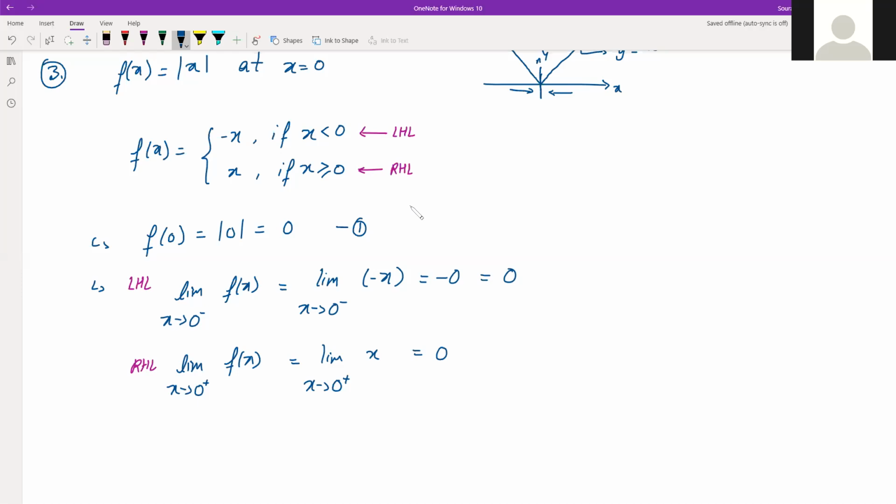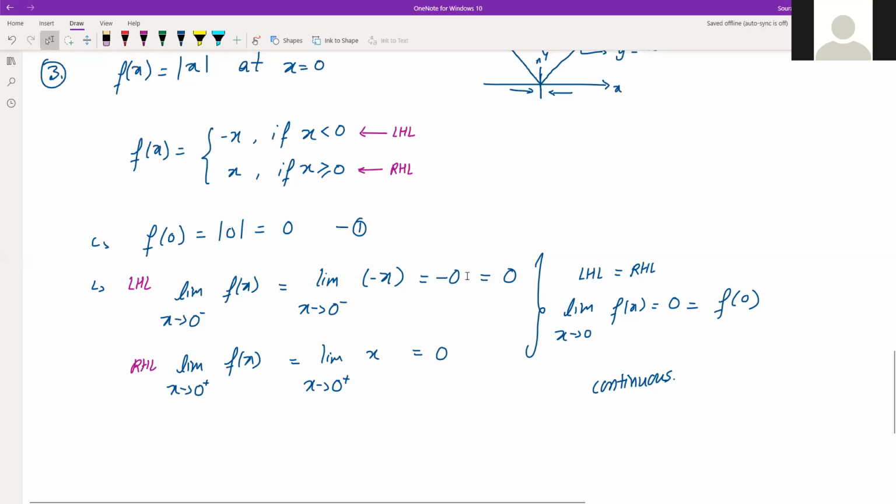So from these two, we can say that the left hand limit is equal to the right hand limit, and because these limits are equal, limit x tends to 0 of f(x) is equal to 0, and that is equal to f of 0 as well. Due to this reason, this function is continuous.